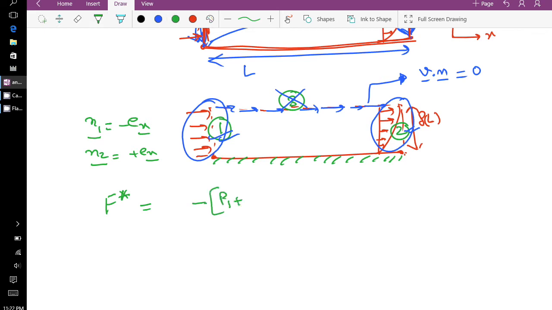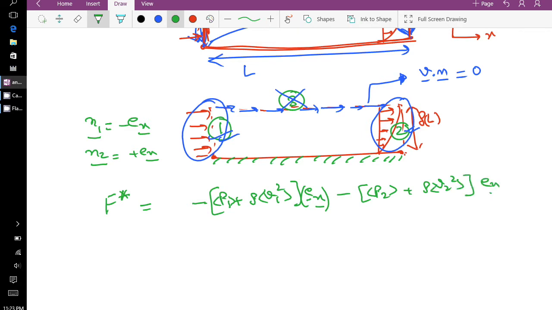If you recall, this is how we did this. Minus of ex, because n1 is minus of ex. This is plus ex. In other words, this becomes simply, this is minus of ex.